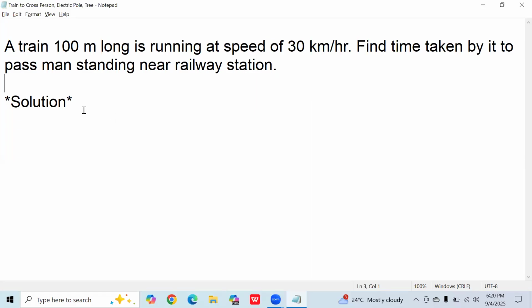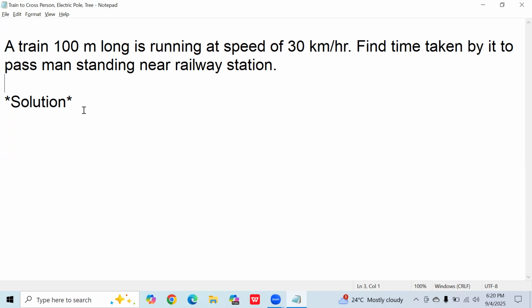Imagine a picture of a train in your mind. If you look at the length of the train, it will be too much as compared to the length of a man. So can we say that the length of a man is kind of negligible in terms of train length?